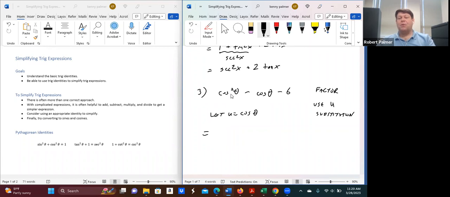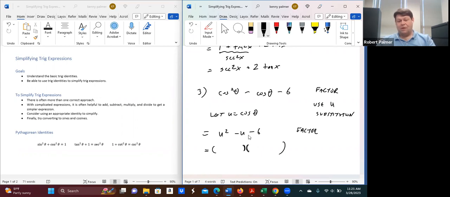Here I have cosine squared. The notation means we have cosine of theta, squared. That's the same as U squared. And of course cosine is U, so we get U squared minus U minus 6. Now if we factor this, it's kind of like FOIL in reverse.